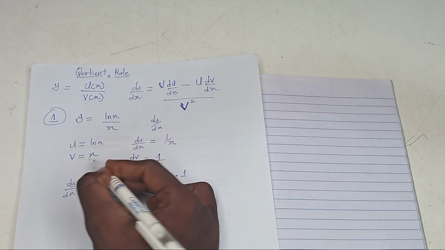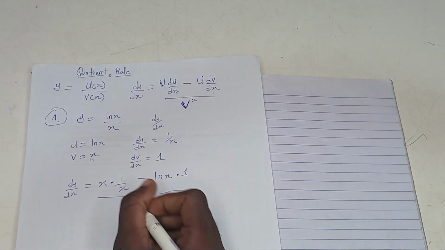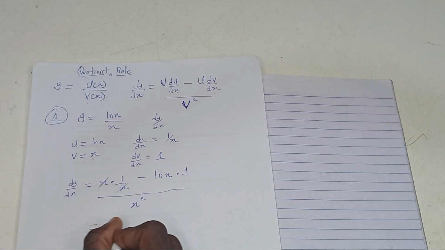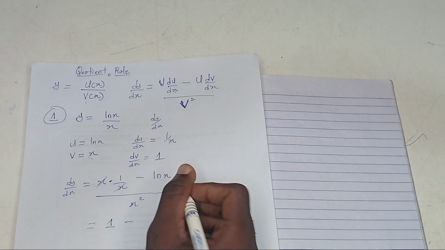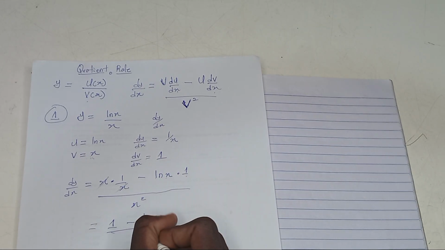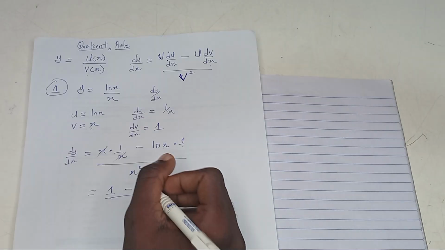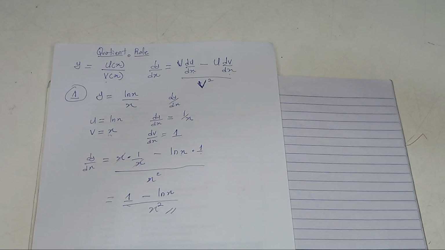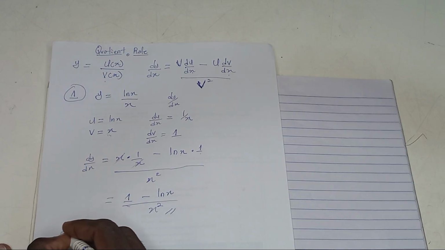Our v is x, so x squared. x can cancel x, and we have 1. 1 times 1 is 1, minus ln x times 1, which is also ln x, over x squared. Final answer.